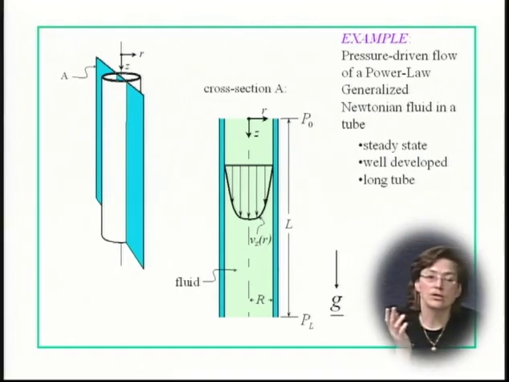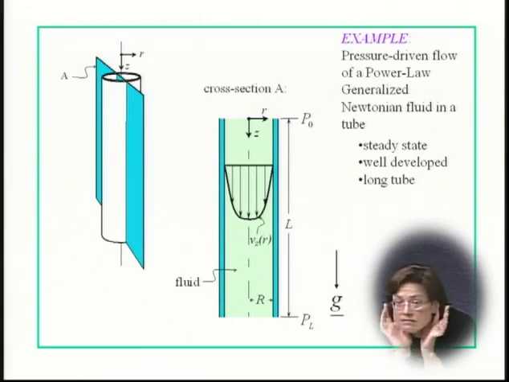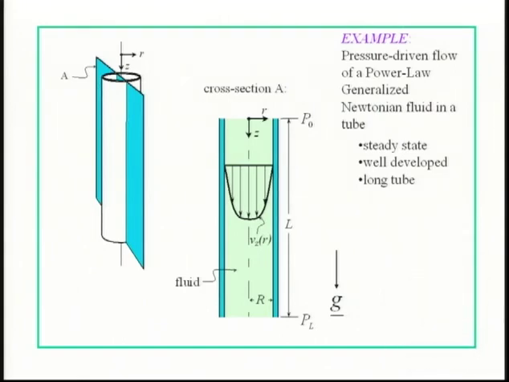So if we were going to do this for the Newtonian case, how would we start? Okay, so you want to start in with the constitutive equation? We can do that.